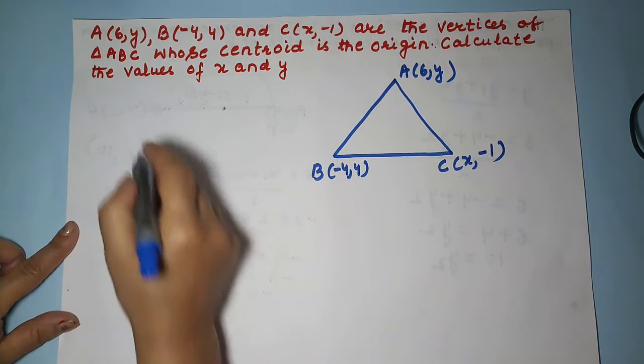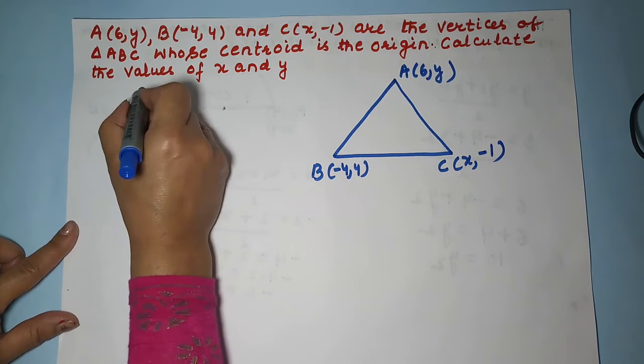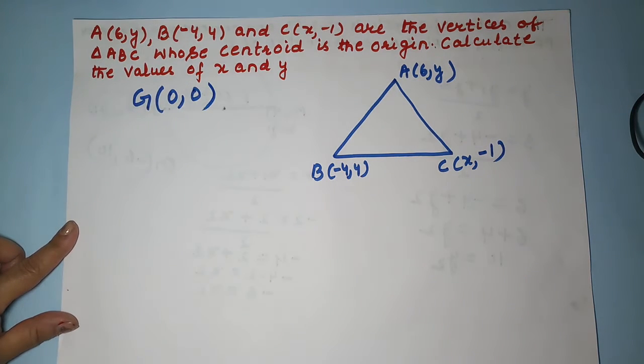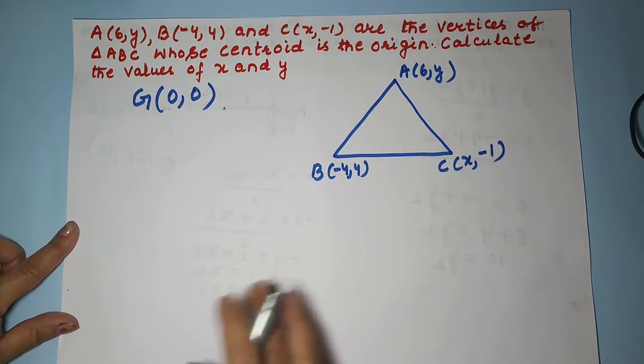Now, he has also given us the coordinates of the centroid. He is saying that the centroid is the origin. So, what are the coordinates of the centroid? 0 and 0, right?